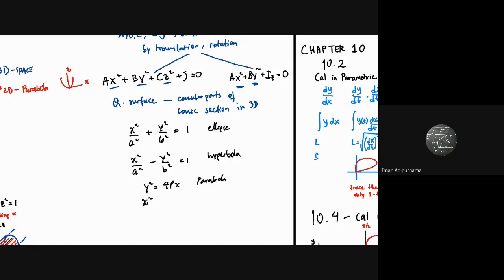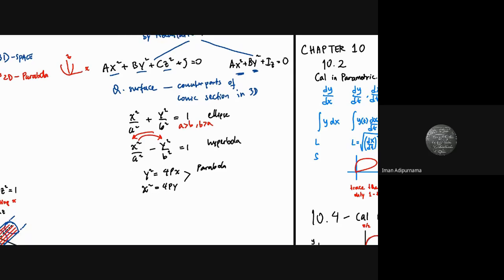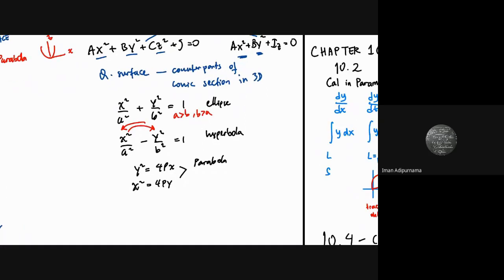Or maybe x squared is also fine, you can switch x and y. And it depends on whether a is greater than b or b is greater than a, the ellipse will be different. Just a quick review of conic sections, because we skipped that in chapter 10. But I believe you have a good concept of conic sections, I hope.